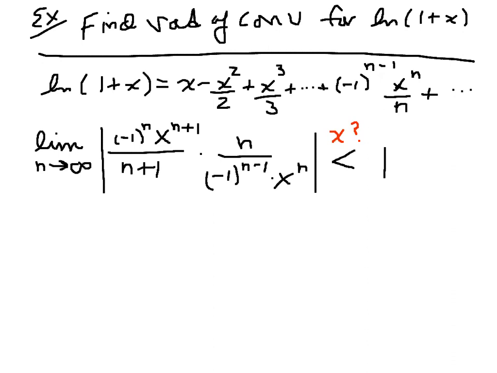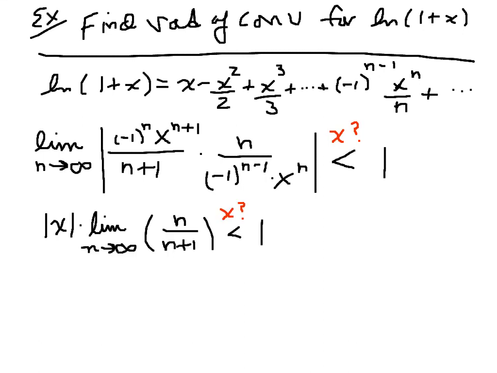We take the n plus first, we divide it by the nth, which means we can simply invert and multiply. That limit has to be less than 1, and we're asking for the values of x which make it less than 1. Now notice, since we're dealing with absolute value, these minus 1 to the powers basically become insignificant, and we can rewrite this as follows.